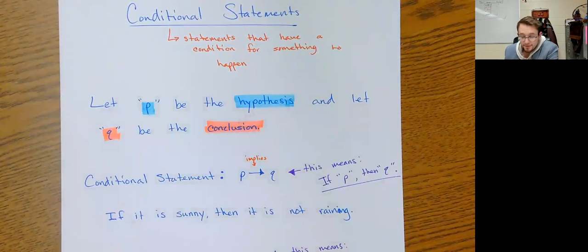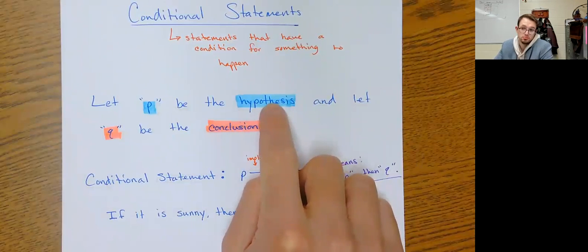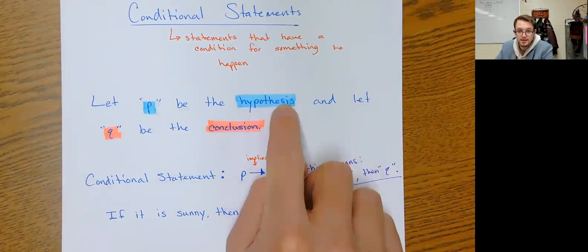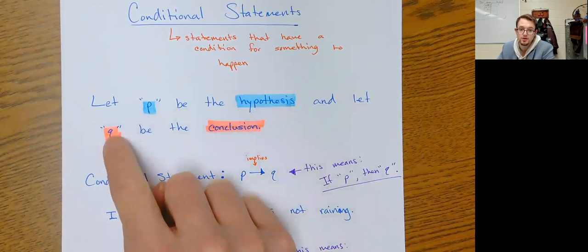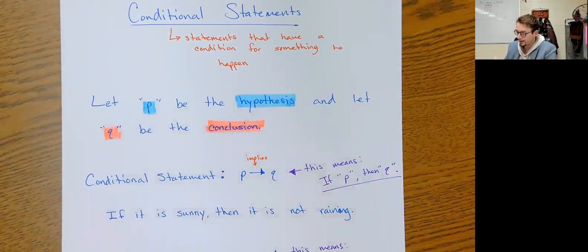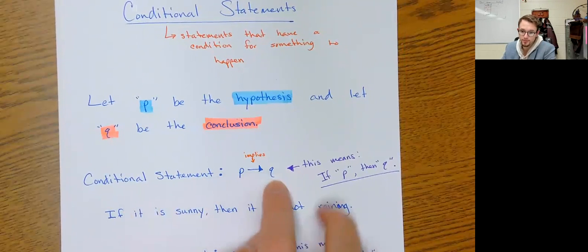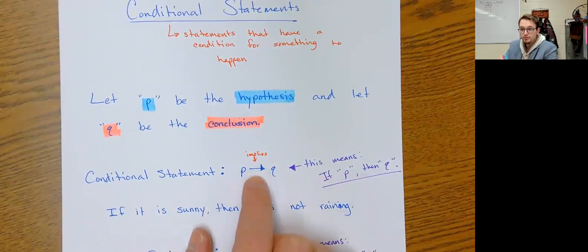So if something happens, the hypothesis, then something else will happen, which is the conclusion. If this happens, then this happens. P will stand for the hypothesis, and Q will stand for the conclusion. So the original conditional statement is if P then Q. If the hypothesis happens, then the conclusion will happen.